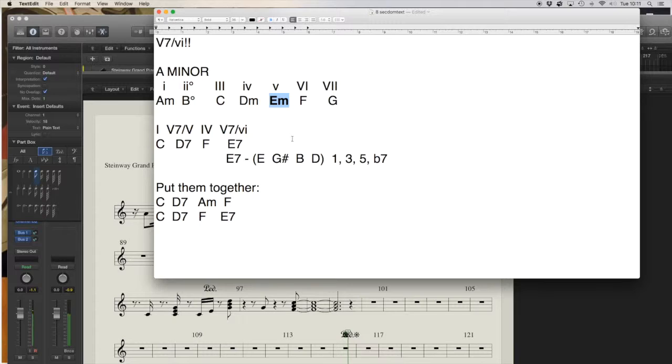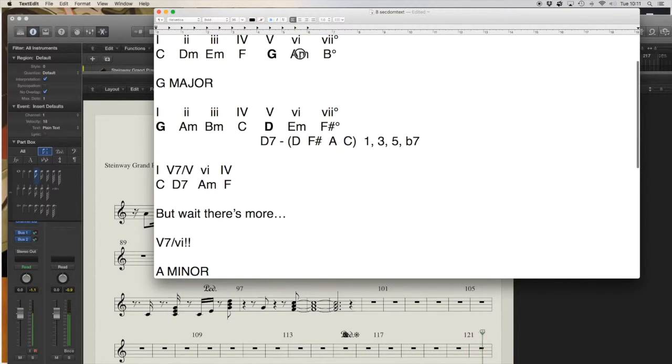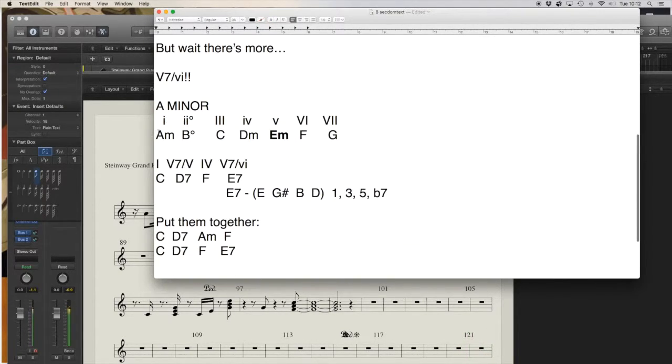In this case, it's an E minor, but when we use these secondary dominants, we're bringing in the major version, and again, we're adding that 7th note. So when we add the 7th note to E7, the E7 chord is E, G sharp, B, and then we add that flatted 7, that D note, which is great because that happens to be the 2nd note in C, and also happens to be the dominant of the dominant.